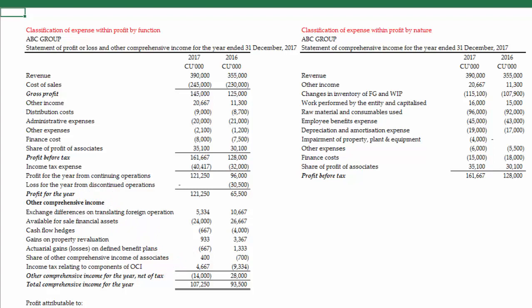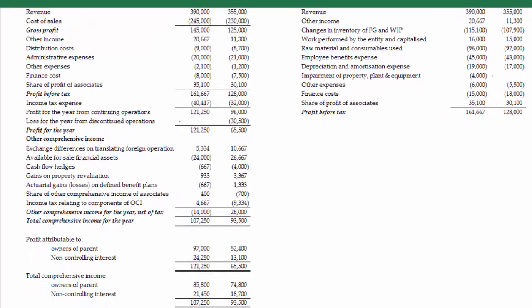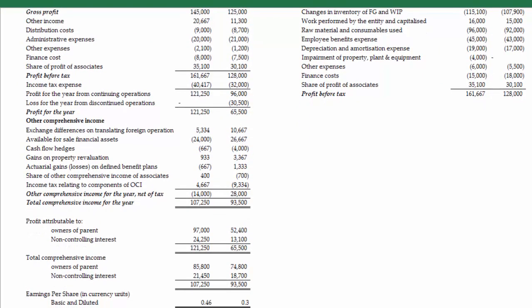An entity shall present the following items in addition to the profit or loss and other comprehensive income section as allocation of profit or loss and other comprehensive income for the period.